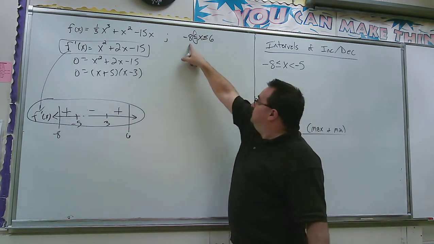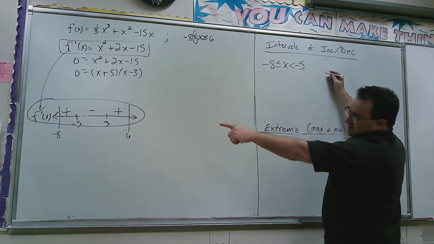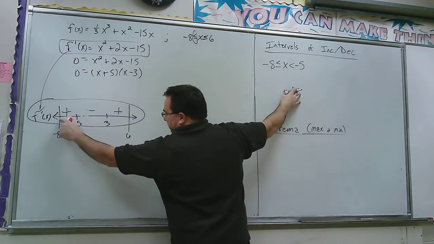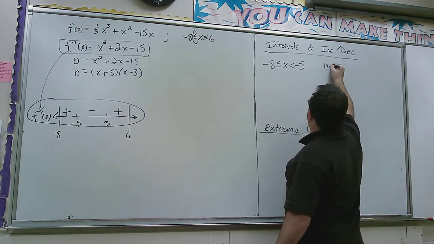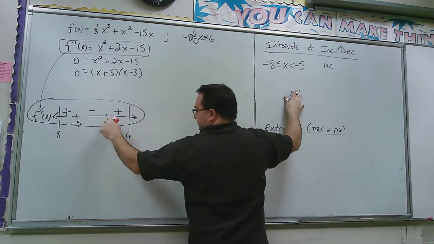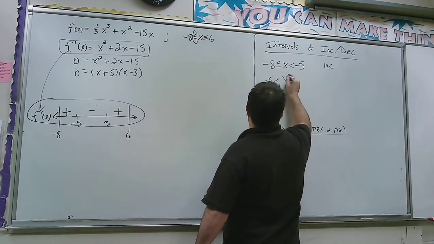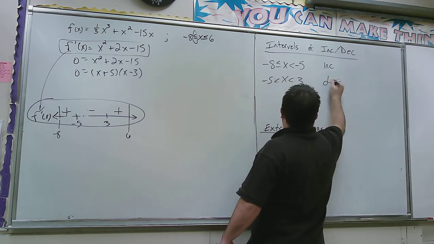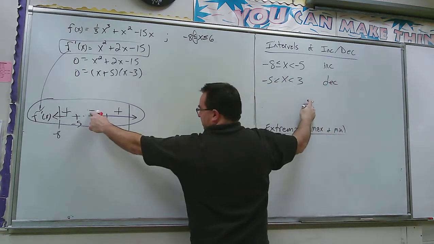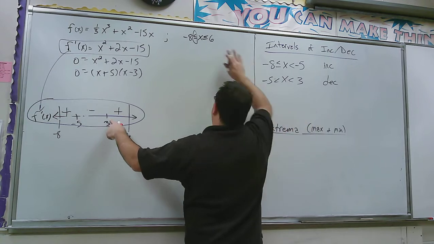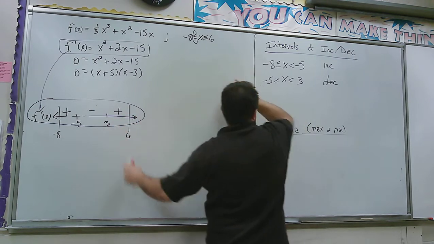It is not 0 at the -8. And that is increasing. And then between the -5 and the 3, it is decreasing. And after the 3, but stopping at 6, it is increasing.